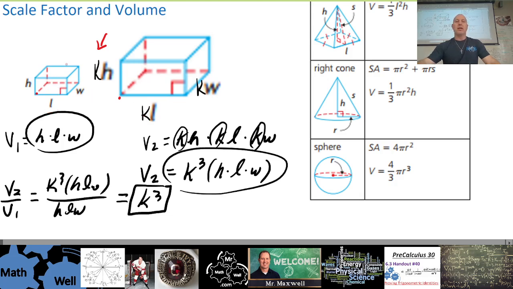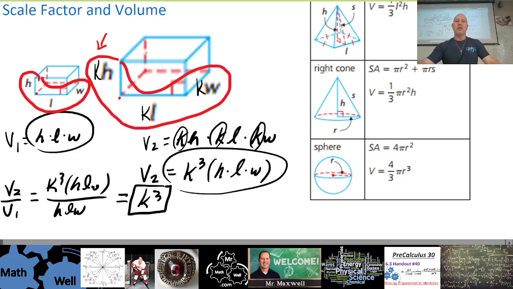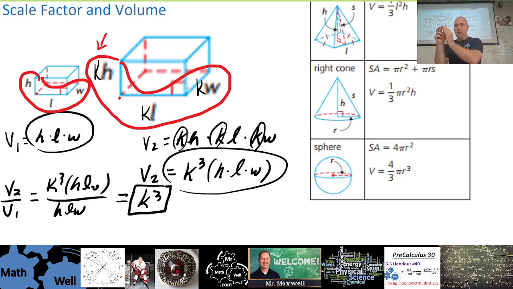And if we're talking about a volume where we multiply all 3 dimensions together, then the volumes are related by k times k times k, or k cubed. So whatever that scale factor is, when you cube it, that's the relationship between volume 1 and volume 2. Okay? Question?